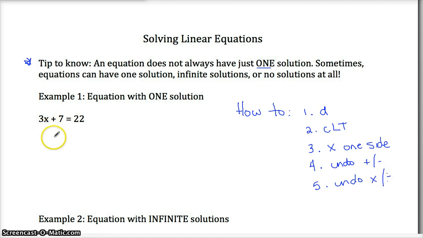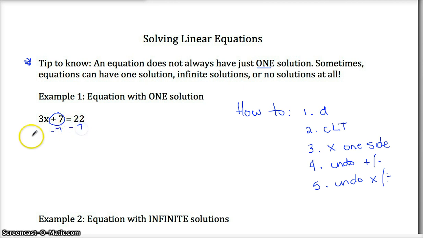Looking at this one, there's no distribution and there's no like terms that need to be combined, and the variable, the x, is already on one side. So we're already down to step number 4. We just need to undo the addition and subtraction. Here's addition right here, we're adding 7. Because this is a plus 7, we're going to do the opposite, and we'll subtract 7 from both sides.